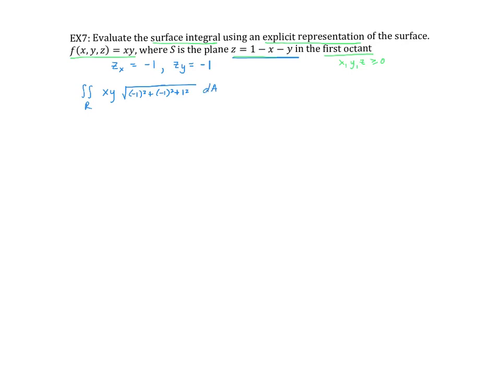And that ends up just being the square root of 3. So I'm going to pull out that square root of 3. And then integrate over this region xy dA. So unfortunately, my integrand is not a constant. I can't just look at this geometrically.